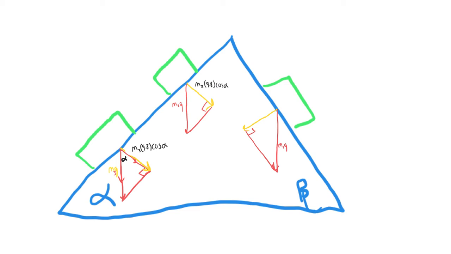And this right here is going to be M1G cosine. This is beta now, right here. Cosine beta. So in other words, it's going to be M1 times 9.8 cosine beta.